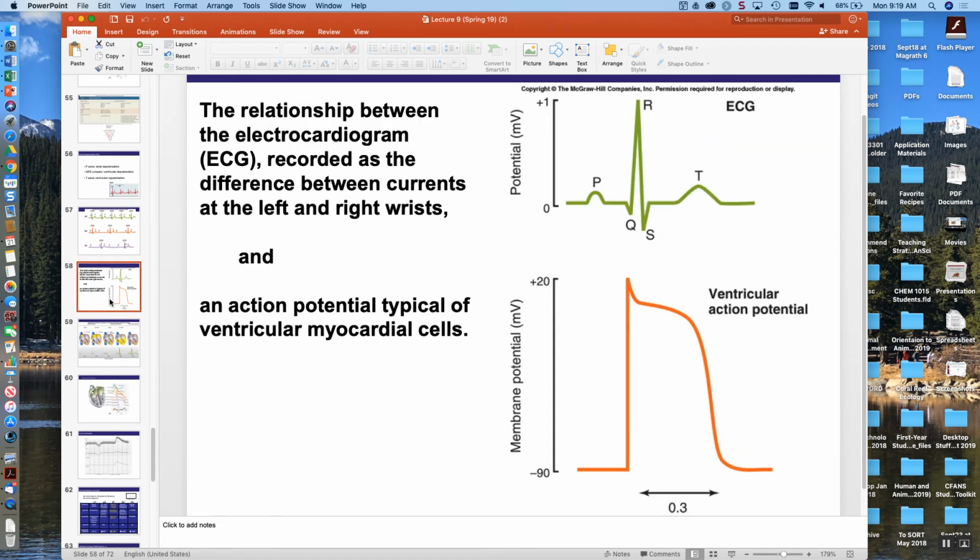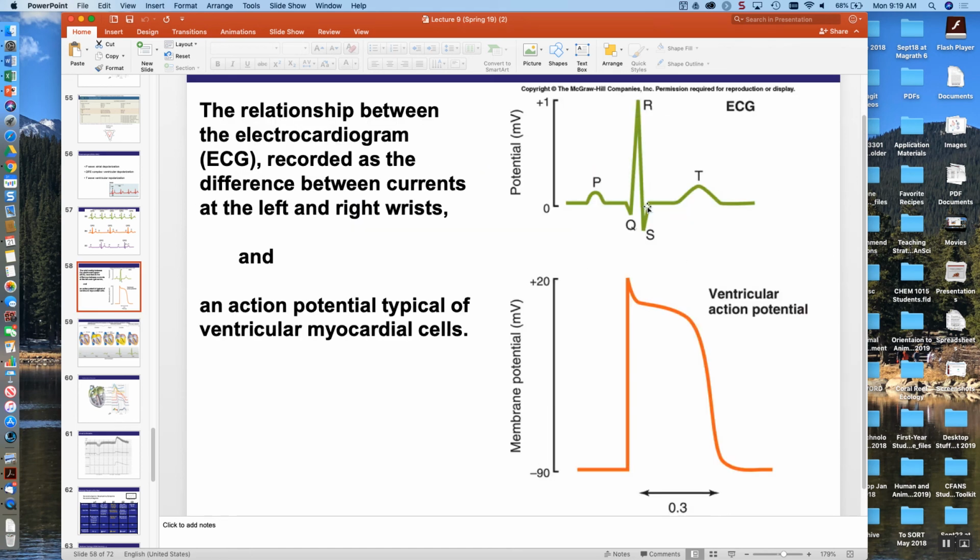All right, so back to our slides here. The relationship between the electrocardiogram, ECG, recorded as the difference between currents at the left and right wrists, and the action potential within each myocyte, ventricular myocyte. Notice again that the time course is very much the same.